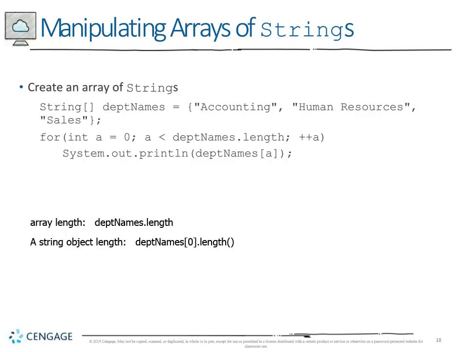Then we have a dot length parenthesis, because that's a method for each string object. For the whole array, the length is a property, so we don't specify the round parenthesis.